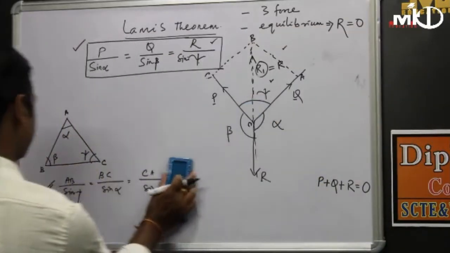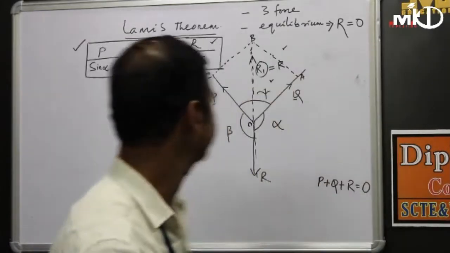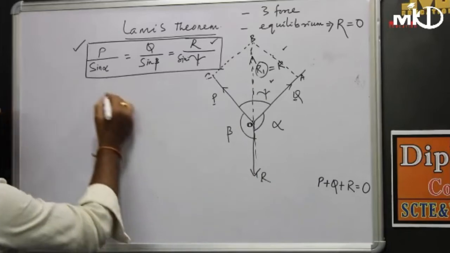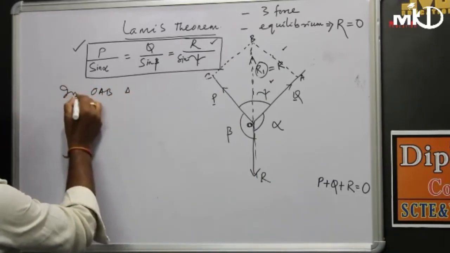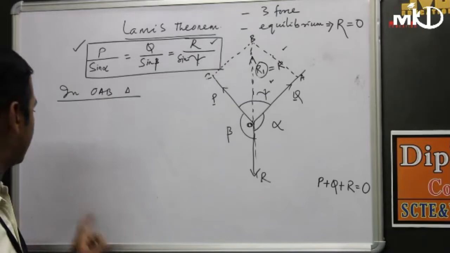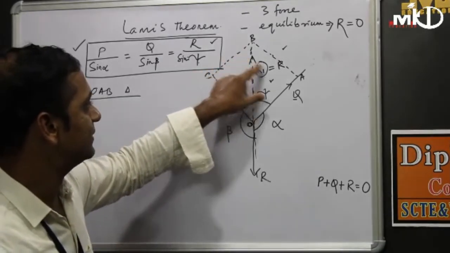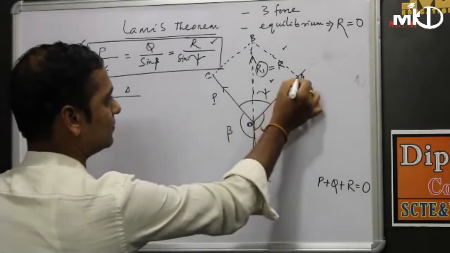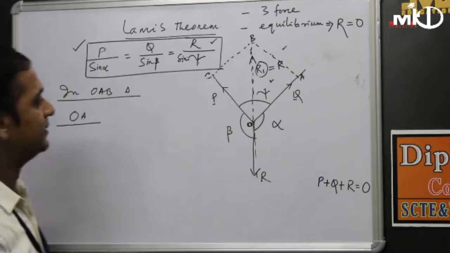So from this figure, if I will take the triangle OAB, so OAB means that is a triangle. So in this OAB triangle, if I will apply the sine law, so according to the concept, one side divided by the sine of its opposite angle. Means if I will take the side O to A, that is OA divided by sine of opposite angle.